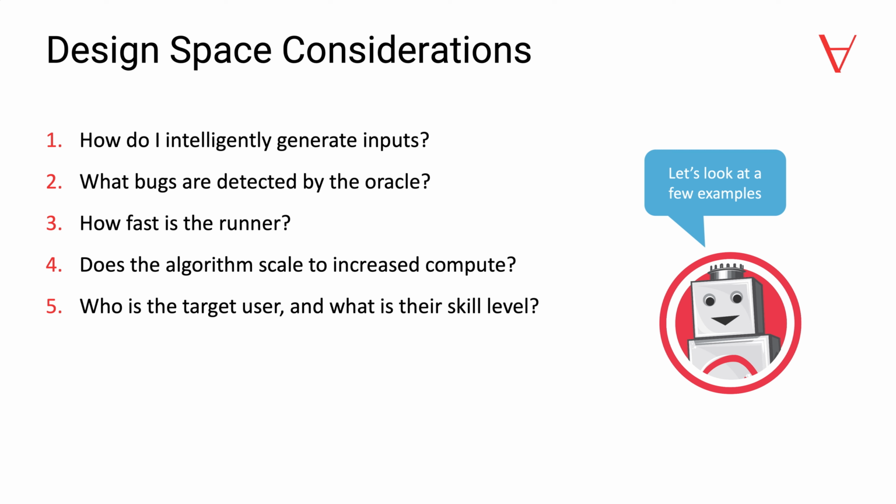I can tell you when I was doing research and when I was looking at the Cyber Grand Challenge, we were looking at the most advanced algorithms to find the deepest bugs. But what we found actually is that when you're looking at adopting fuzzing, the biggest barrier to adopting a security technique is that the user will have a low skill level. Now, I don't mean they're dumb, I mean they just never fuzzed before.